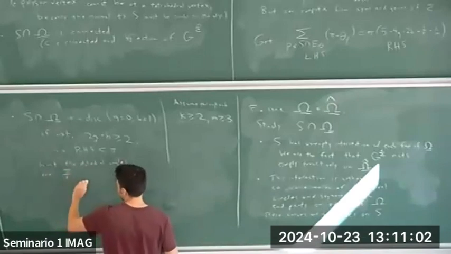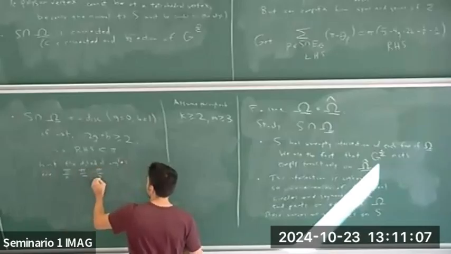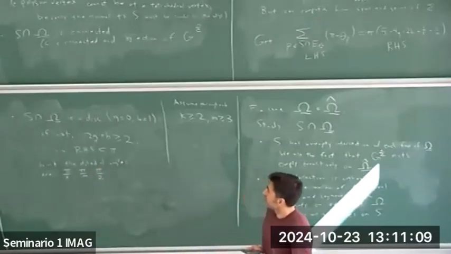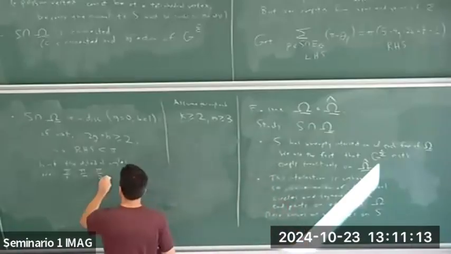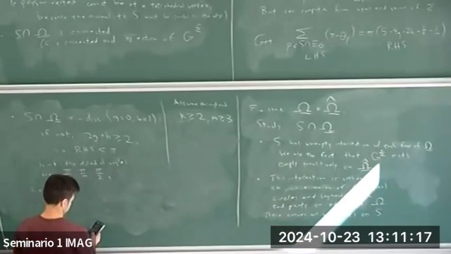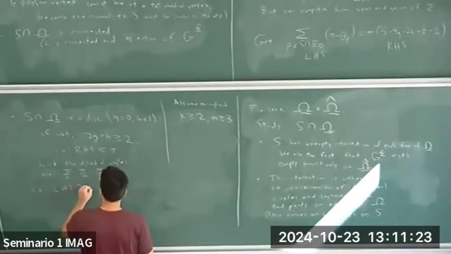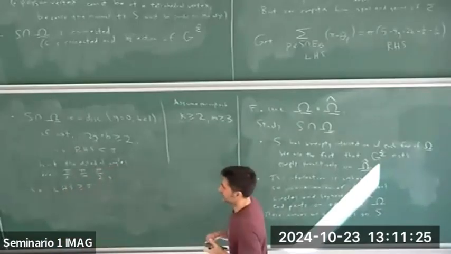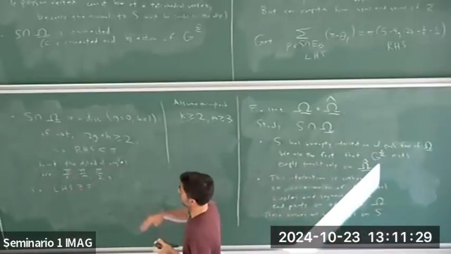And so the only possible dihedral angles are pi over k, pi over n, and pi over 2, and I know I'm making these assumptions about k and n. So on the other hand, the left-hand side has to be at least pi, so we can't be in this case.